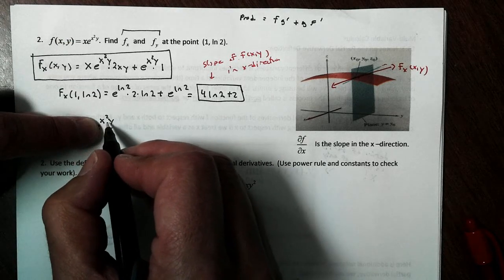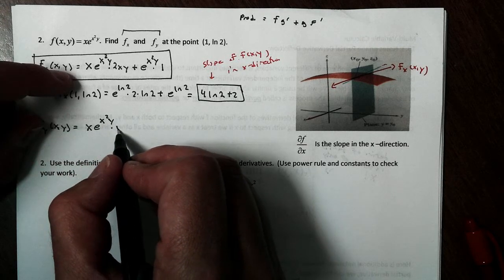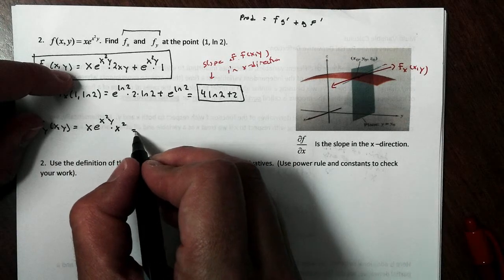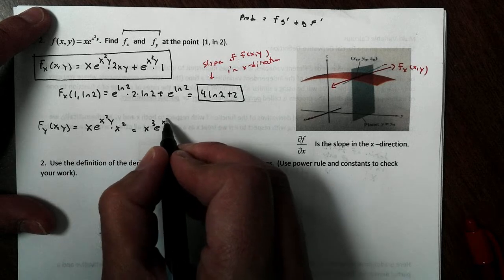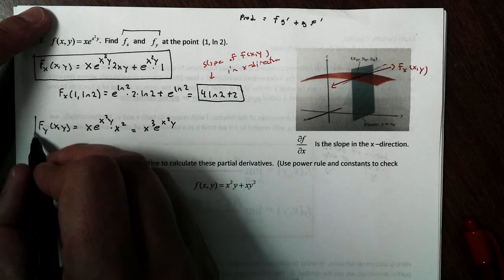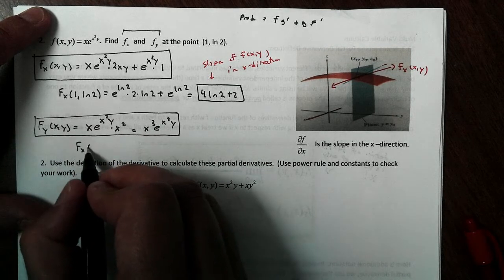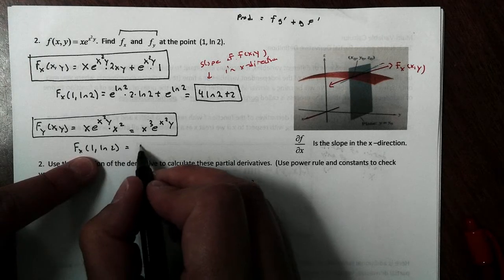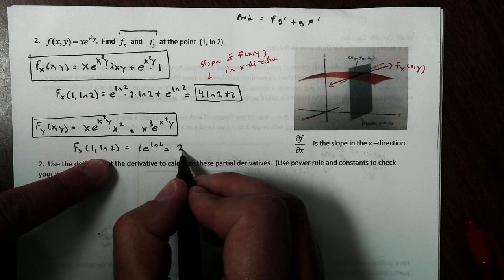Be careful, x squared is a constant, so x squared times y just becomes x squared. So we can simplify that to x cubed e to the x squared y, and then plugging in your point (1, natural log of 2), we're going to get 1 times e to the natural log of 2, which is just 2.